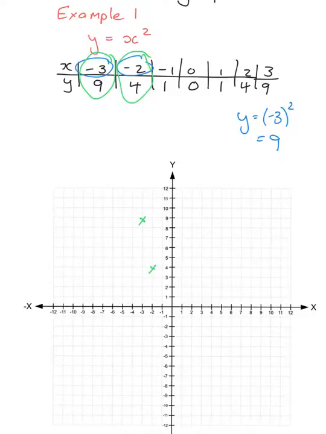When x is -1, y is 1. 0, 0, the origin. 1, 1, 2, 4, and finally 3, 9. I join these points using a curved line, and this is the graph of y equals x squared.